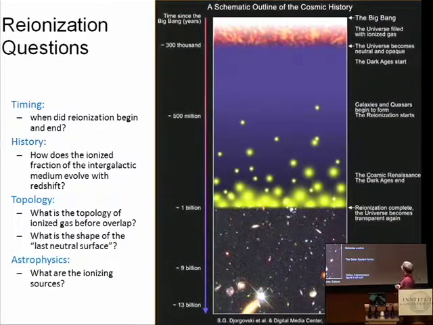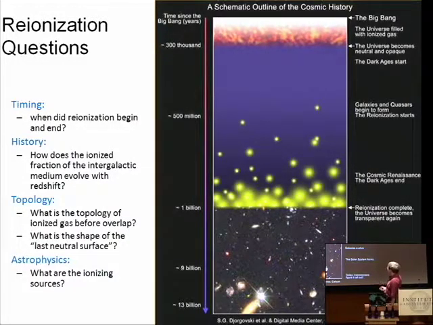Reionization, I'm sure many of you have seen this nice graphic made by George Djorgovski. So time runs down. Here is the early universe. Here is recombination. We have the dark ages. And then we have first stars and low-mass galaxies forming, which ionize HII regions around them.